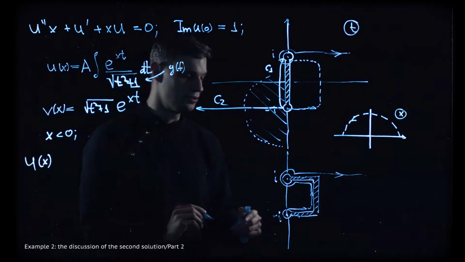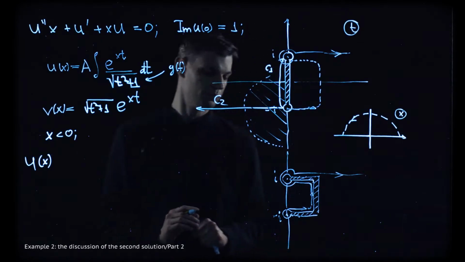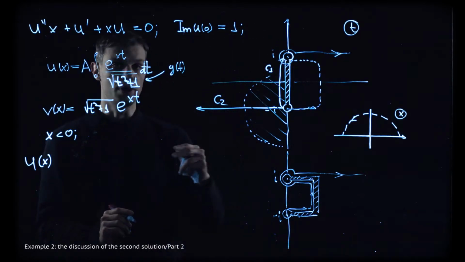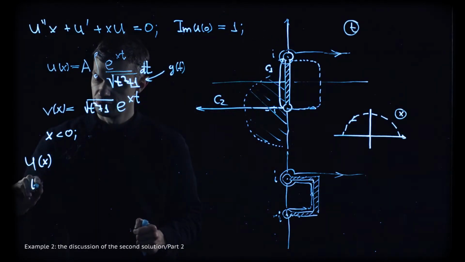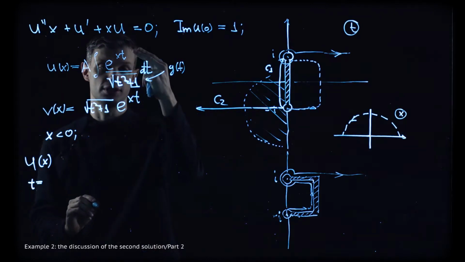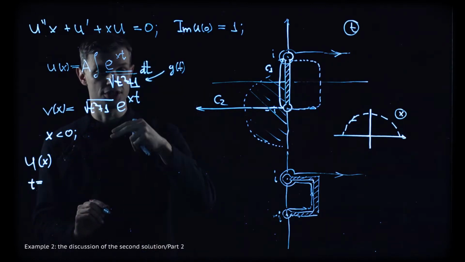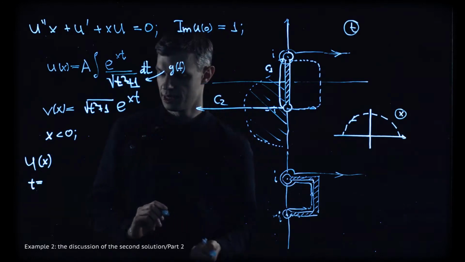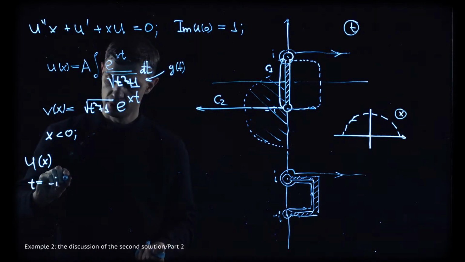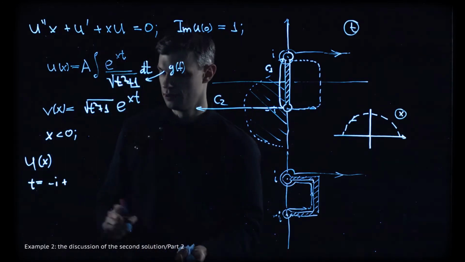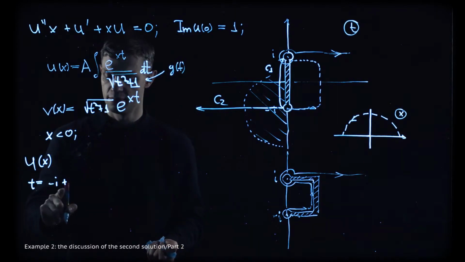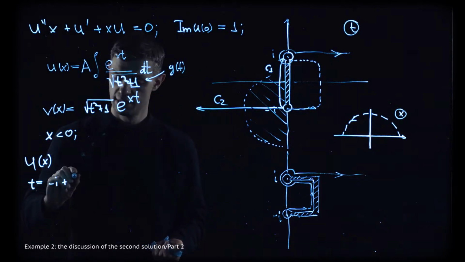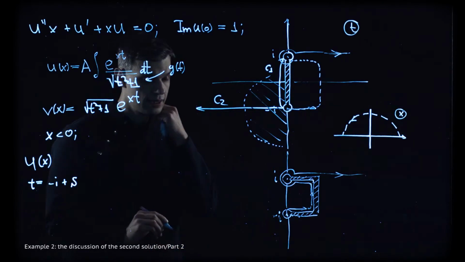First, let's address the contribution from the lower branch point. Again, we expand our exponent function and g function in the vicinity of the minus i point, and introduce the shifted variable s: t equals minus i plus s.